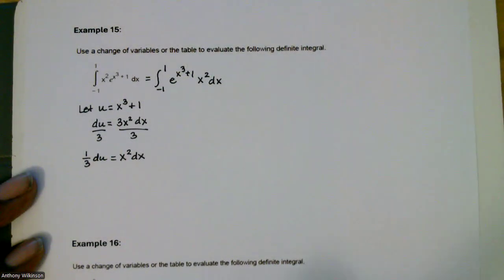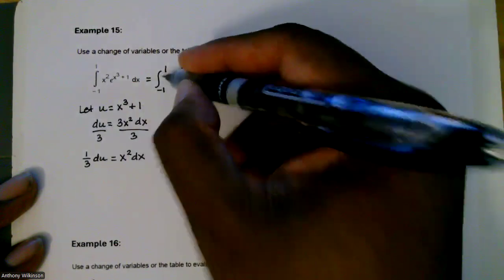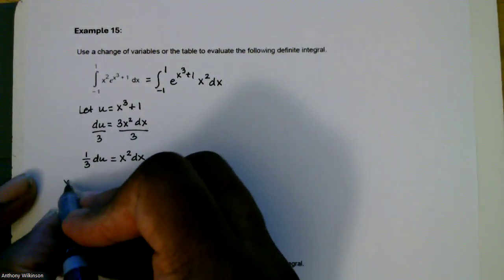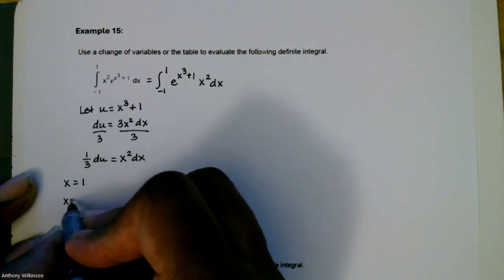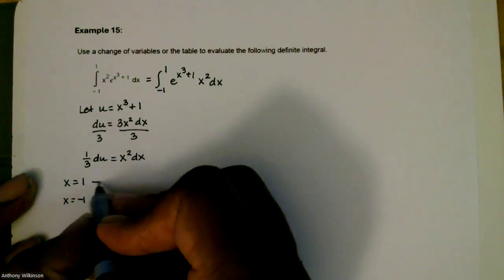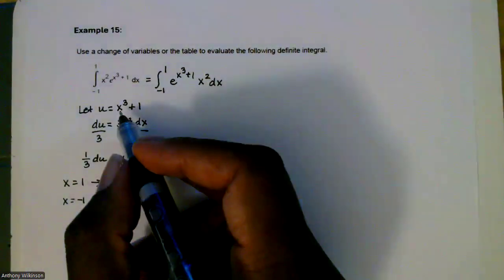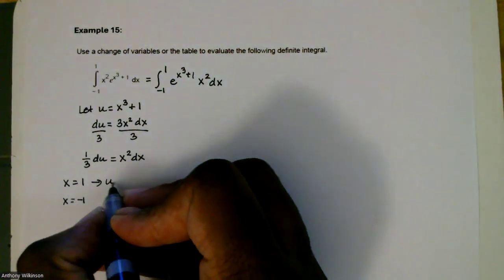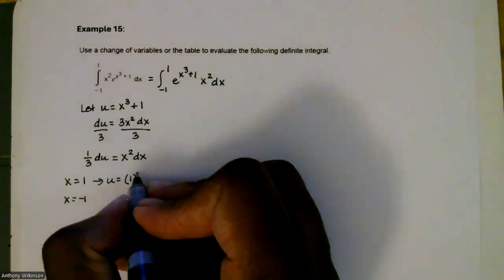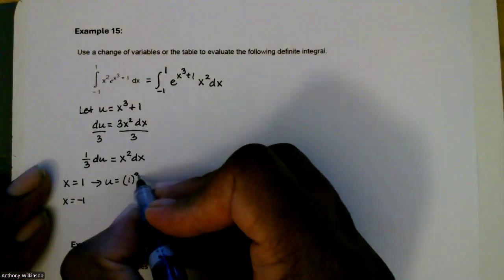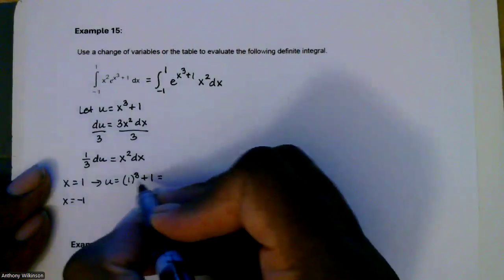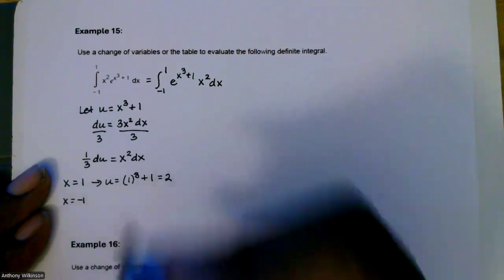And I'm also going to change my limits of integration from negative 1 to 1. So here I got x equals 1 and x equals negative 1. Well, if x is 1, that means u is equal to 1 cubed plus 1. 1 cubed is 1. 1 plus 1 is 2.